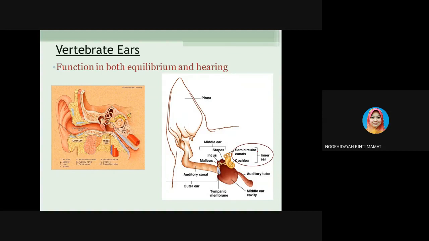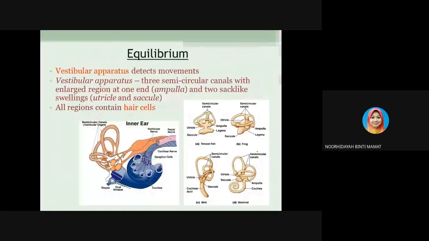The funnel that receives the sound. Okay. So the vertebrate ear functions both for equilibrium, the balance of the body, and also for hearing. And for the equilibrium, the vestibular apparatus will detect the movement.